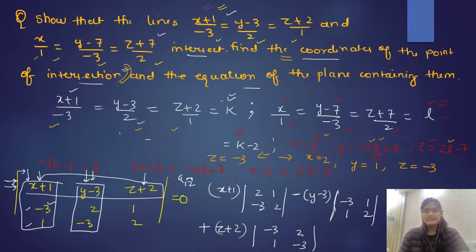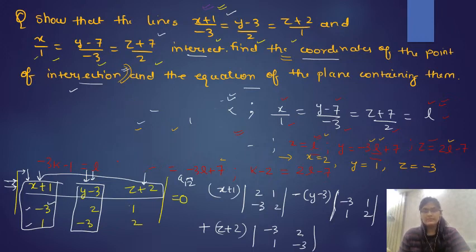So now, just bear with me, I'm erasing it. Now if you see, what is here? x plus 1. Now this will be cross multiplication. 2 times 2 is 4, minus is in the formula, and minus 3 times 1 is minus 3.